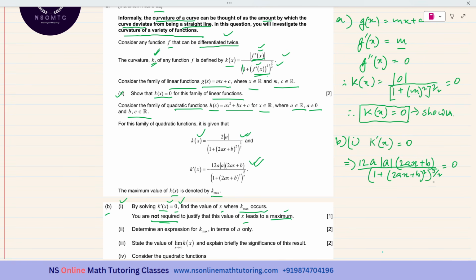This is equal to 0. Since they have said that a is not equal to 0, a is not equal to 0.